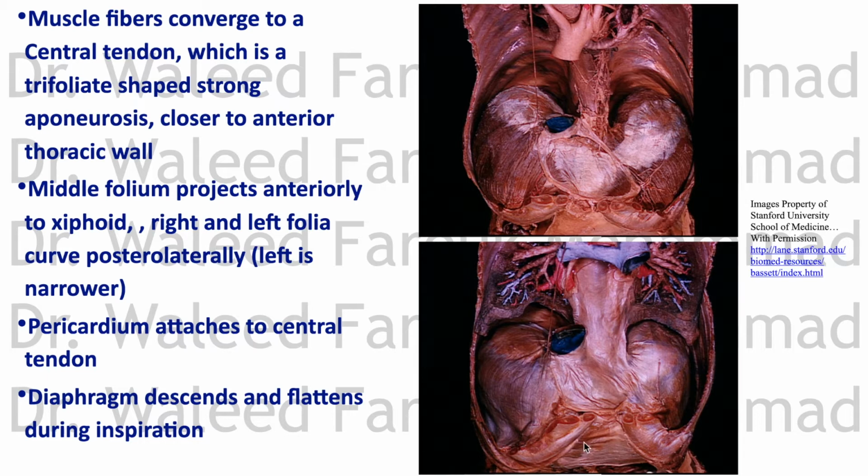It goes down, pushing the abdominal viscera and increasing the intra-abdominal pressure. It also aids in pushing the blood to the right side of the heart. So this is about the insertion of the trifoliate structure of the central tendon of the diaphragm. It's easy.